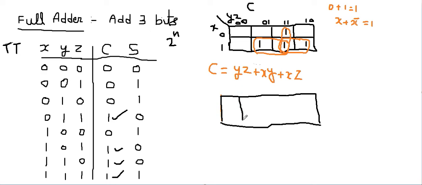So 1, 2, 3, 4, right? Okay, now draw a line here from this point and then write x here and yz here.